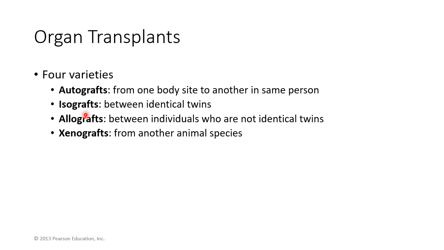Allografts are the grafts between individuals within the same species who are not identical twins. These are the hardest to work with because you have to have a reasonable amount of genetic continuity between those major histocompatibility complexes in order to transfuse or transplant tissue successfully.